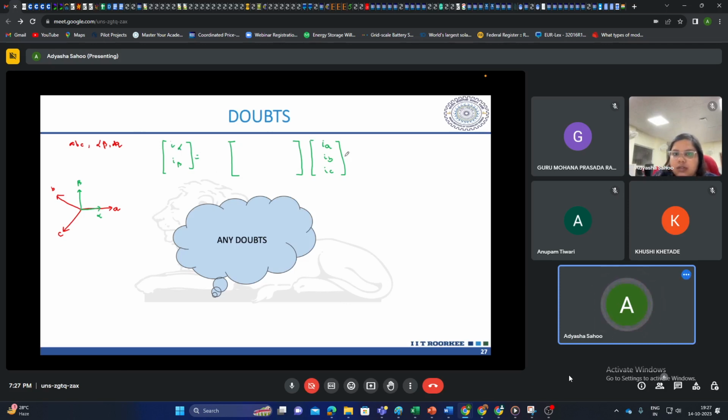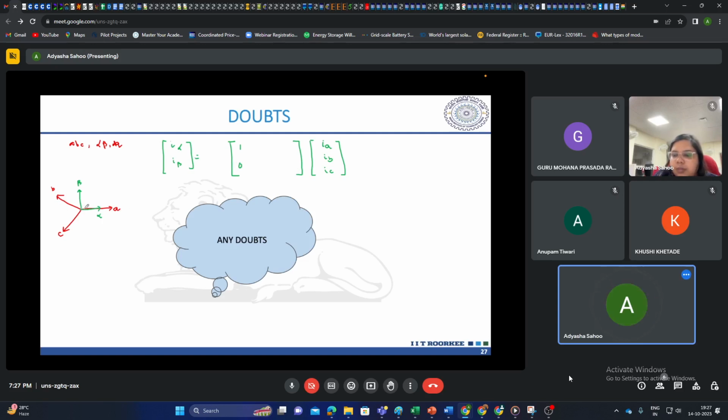So this alpha to A will be 1. And beta axis is not along this A, so here we get 0.